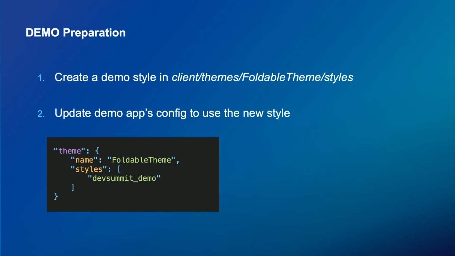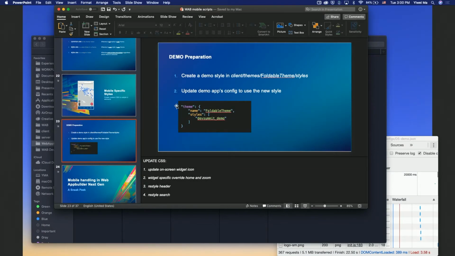I have already created a demo style folder within the foldable theme's styles directory, and I'm going to update the demo app's config file to use this style in the app. Okay. And after that, I'm just going to add some simple overriding CSS rules.